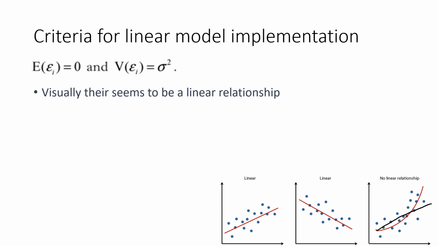But even if we did, which would not be right, the variance of the epsilon here is not the same as the variance here. So our variance being constant, that criteria will not be fulfilled, and therefore we can't implement a linear model.